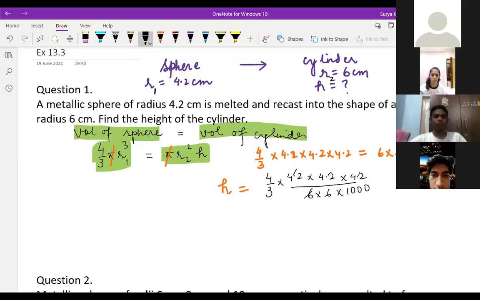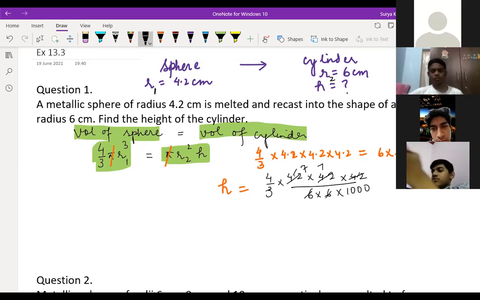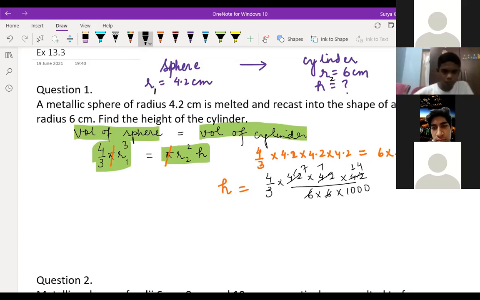Now, 6 sevens are 42, 6 sevens are 42, 3 ones are 3, 3 fours are 12, 14.